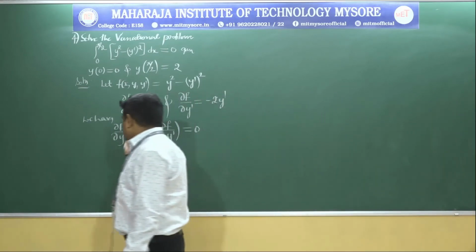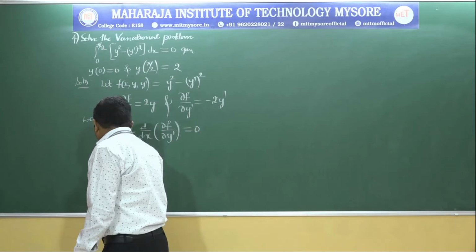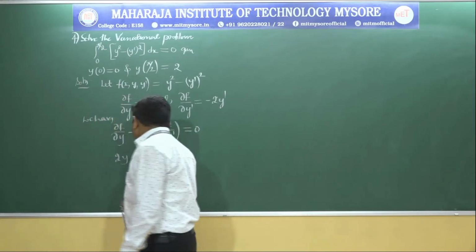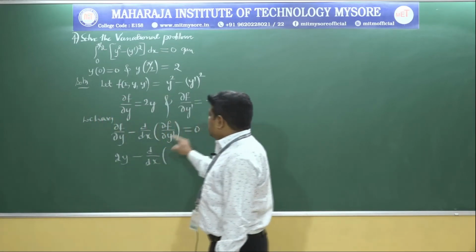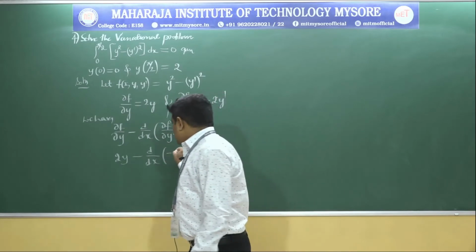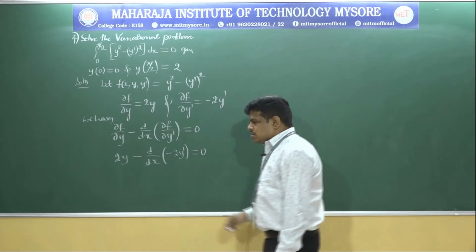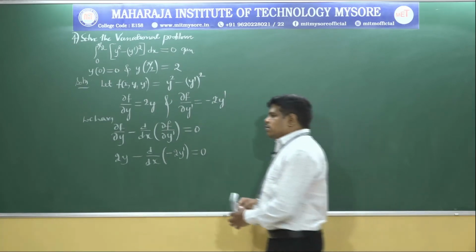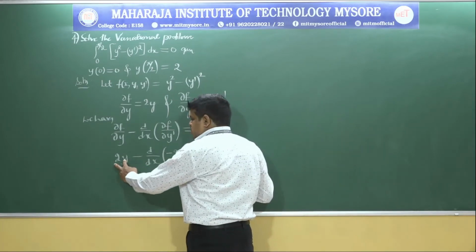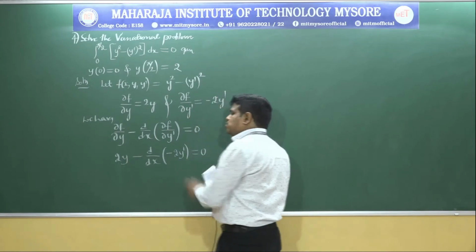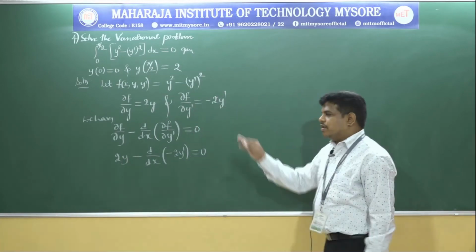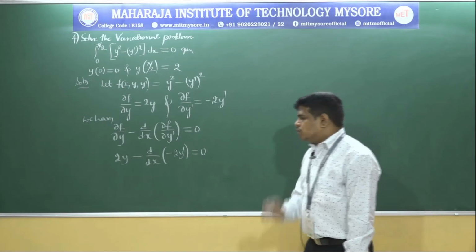Now substituting all the derivative values, we get 2y minus d by dx of minus 2y dash equals 0. Just observe that here the coefficient of y is 2 and the coefficient of y dash is also 2. We can easily remove the 2 by dividing the entire equation by 2.